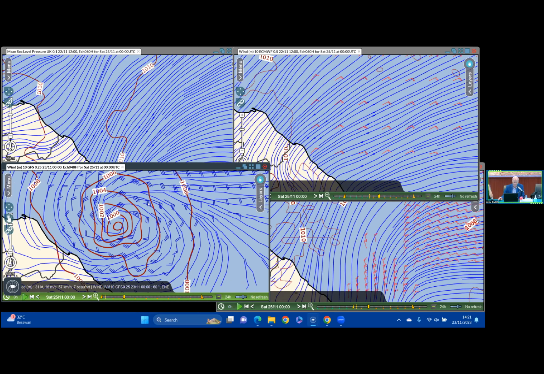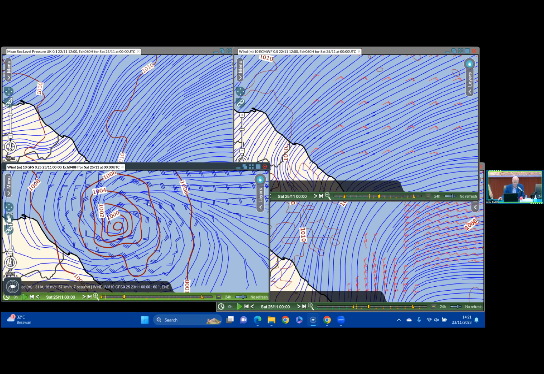Now, I would like to show some examples of what we've seen these last days. So I will show you some archived charts. This is actually on Synergy also, the workstation. These are archived. So what do you recognize on these low-level streamlines and wind and mean sea level? Low-level streamlines, for example, 850 streamlines.